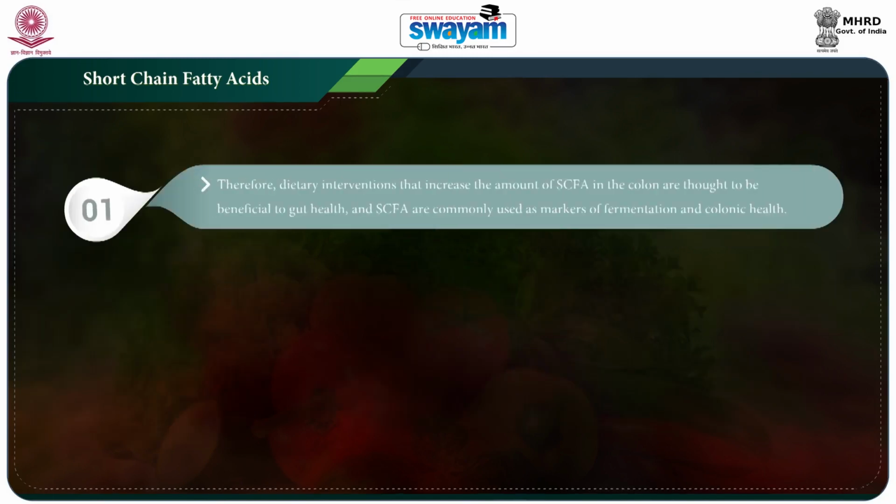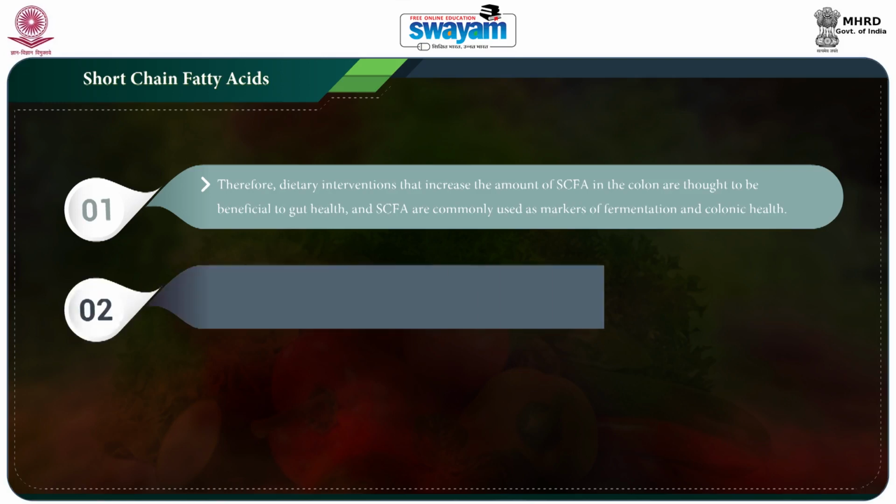Therefore, dietary interventions that increase the amount of short-chain fatty acids in the colon are thought to be beneficial to gut health, and short-chain fatty acids are commonly used as a marker of fermentation and colonic health.